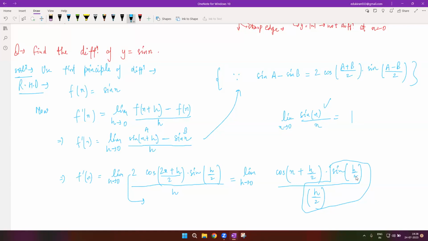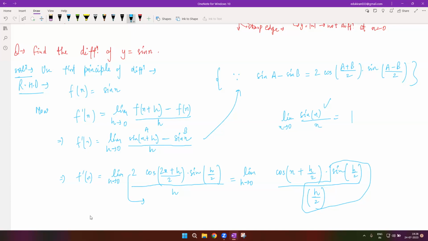So it is sine of h by 2 divided by h by 2. Now this whole thing becomes 1 if you apply limit h tends to 0 here. And in the other part, if you put h = 0, it becomes cos x.